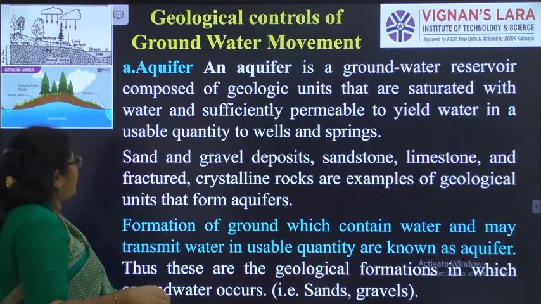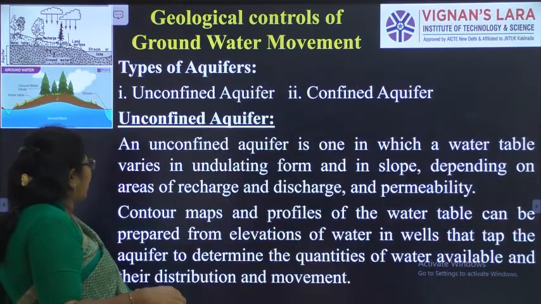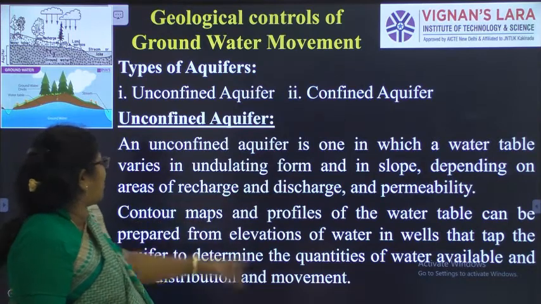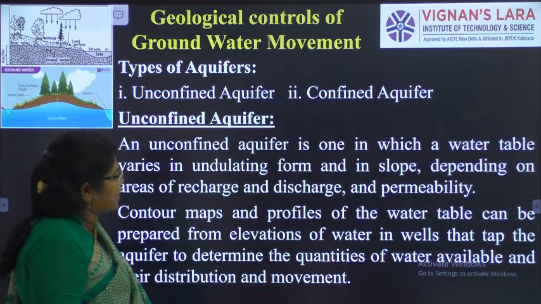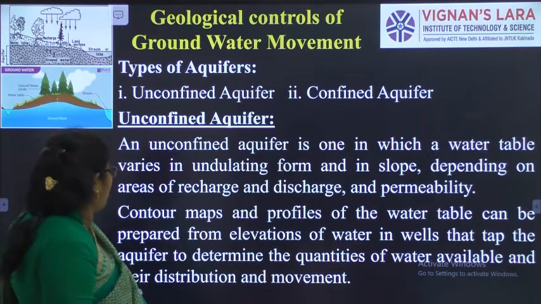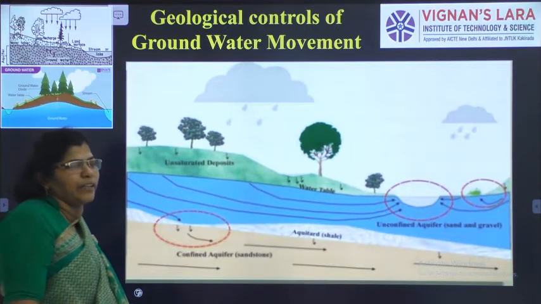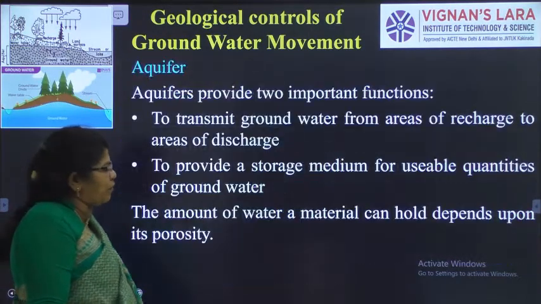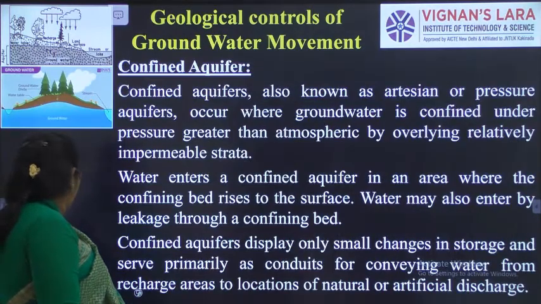The water table varies in undulating form in slope, depends on areas of discharge and recharge and permeability. Mainly the unconfined aquifer depends upon the topography.